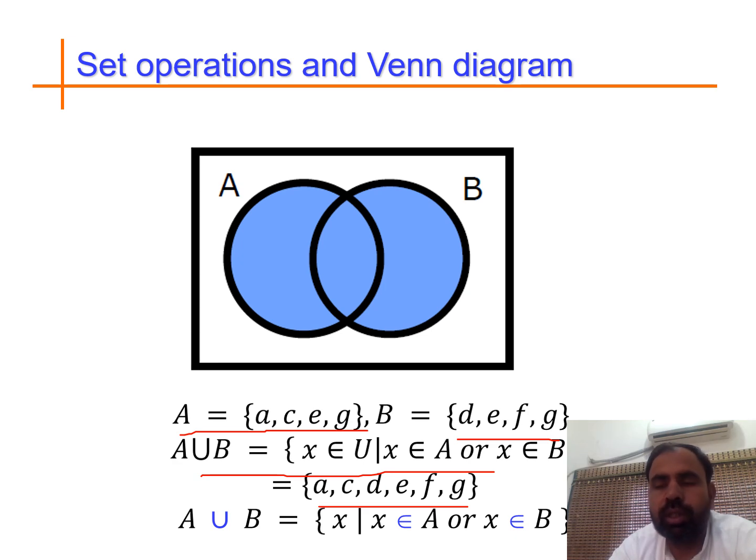The union means it contains all the elements that are either from A or from B. A union B is equal to the element X such that X belongs to A or X belongs to B. So in union you can add from any of the elements, and in intersection you have to write only the common elements from both the sets.